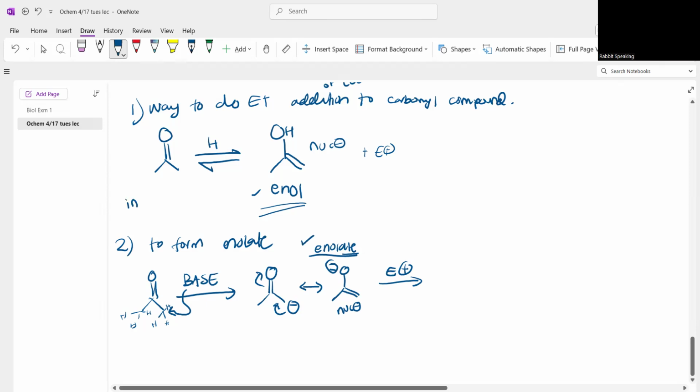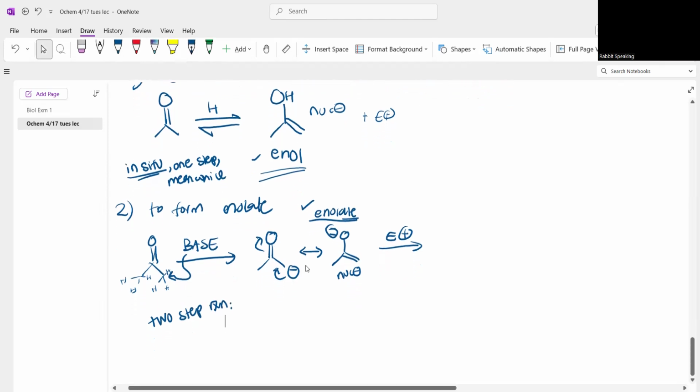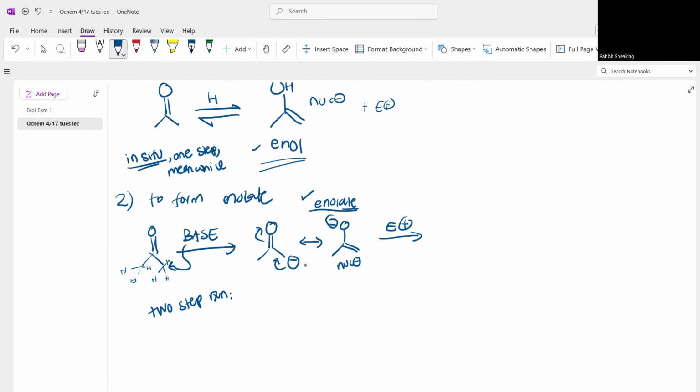One thing to mention is that when you form an enol, these happen in situ. So like one step, you put everything in together. Think of it like meanwhile. While for this one it is specifically a two-step reaction, and you have to do it in two steps. Because first, number one, a base deprotonates the alpha carbon. The alpha carbon is essentially the carbon adjacent to our carbonyl compound.